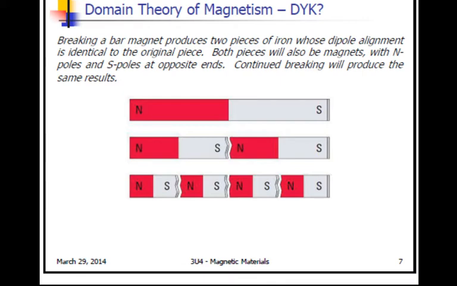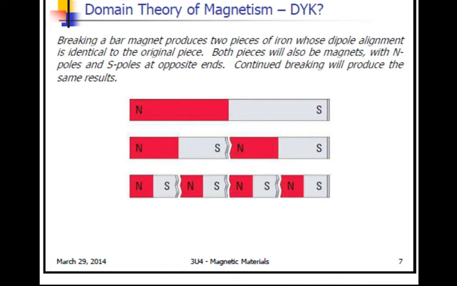You may have thought of this: if we have a bar magnet and we cut it in half, do we end up having just a north pole and a south pole? Well, what actually would happen is a new south pole and north pole would be created when we break a magnet.